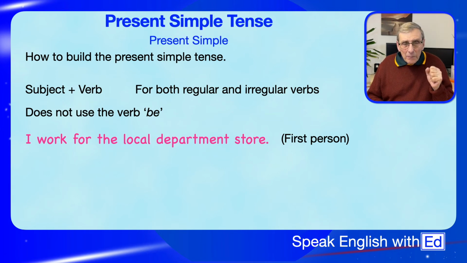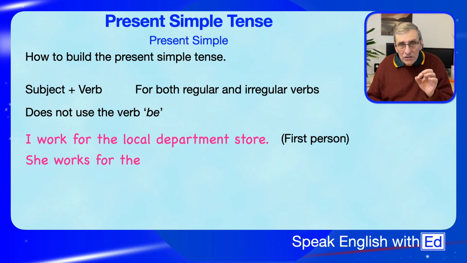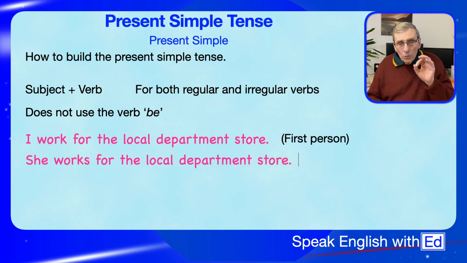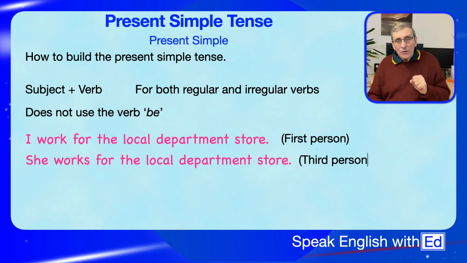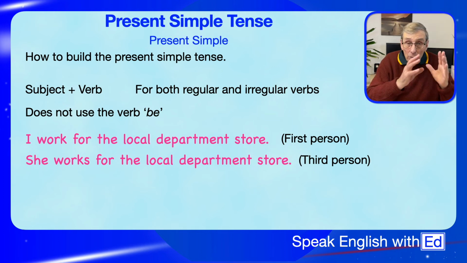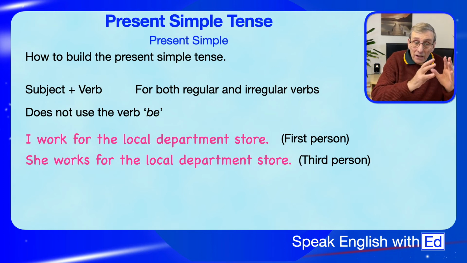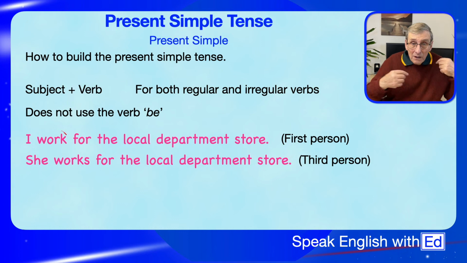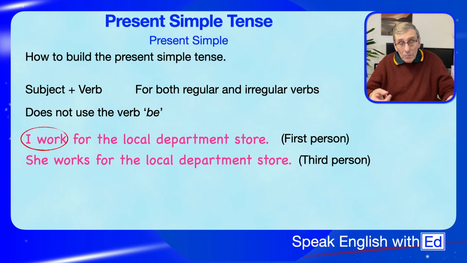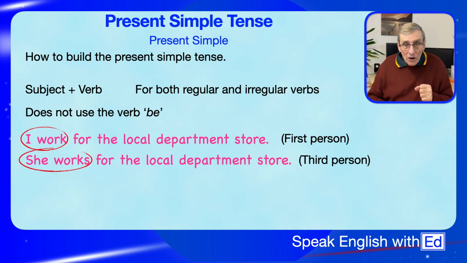It's going to be she works. We add an S. She works for the local department store. Exactly the same sentence. All we've done is change the subject from first person to third person, and we've had to modify the verb to go with it. So I work and she works.